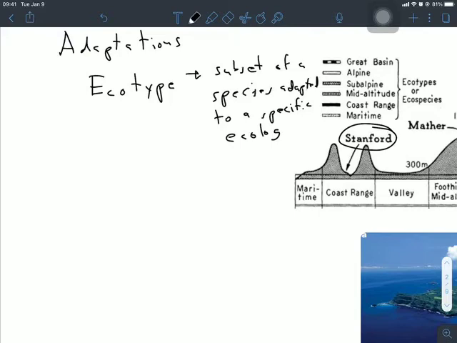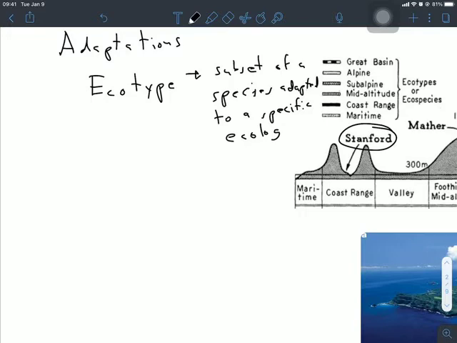Ecotypes, and our discussion of ecotypes in that paper later, will focus around the fact that these plant subsets can be adapted genetically, meaning that there's no other option for them to be adapted to that environment because their genetics are fixed, they're obligated to live there, or whether they can flex and still thrive in other environments.